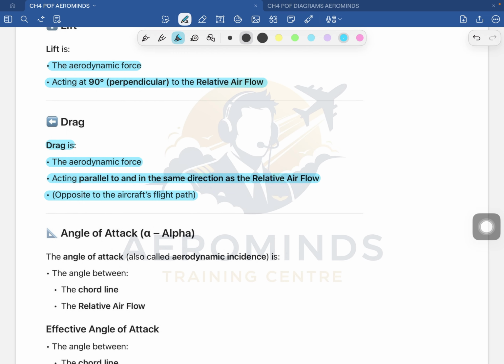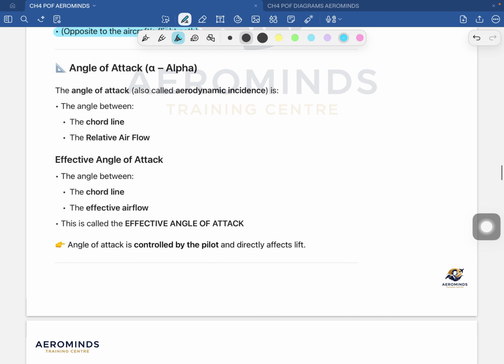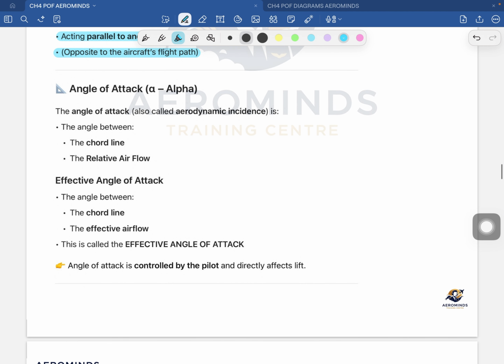Got it? Now we come to one of the most important and most tested topics in aerodynamics, which is called alpha, or angle of attack. Okay, now angle of attack is also called the aerodynamic incidence. Do not confuse it with the angle of incidence, which we have studied earlier. The angle of incidence is fixed, the angle of attack is variable.